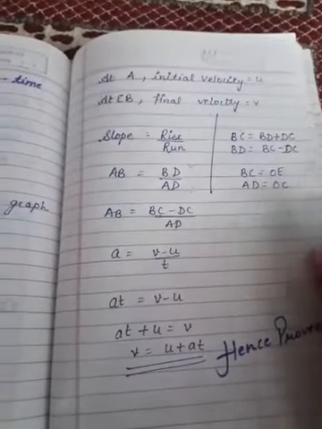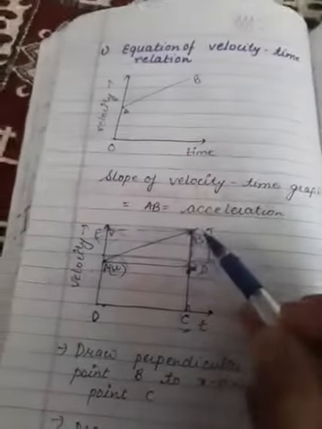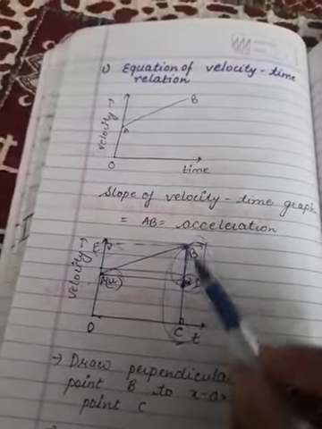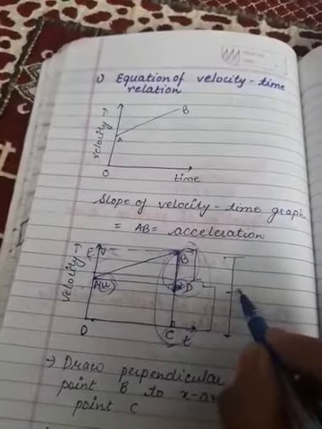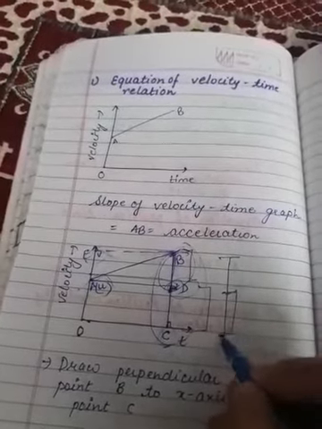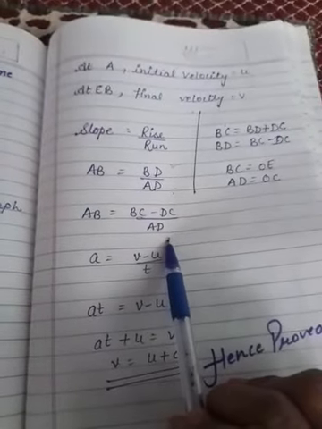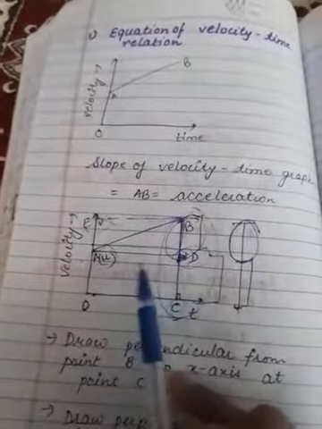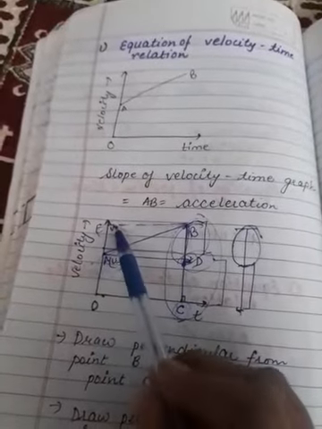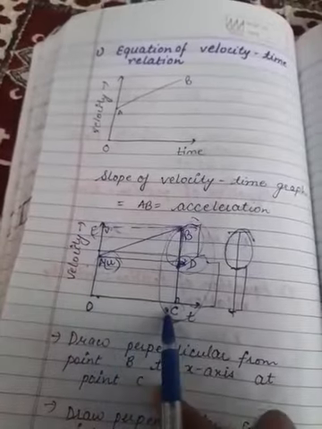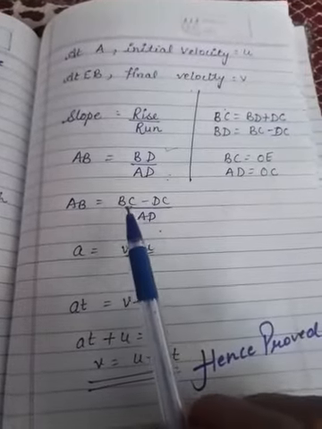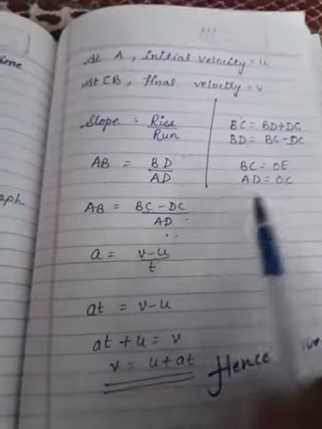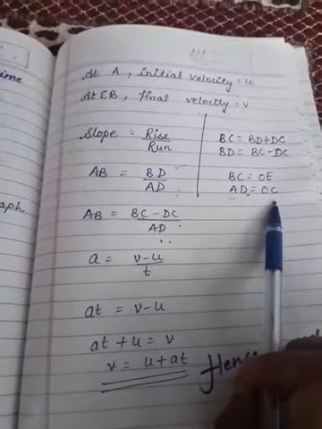And then we have to convert this BD. We can write BC minus DC. If we take this complete line and subtract this part from it, then we will get only this part. So BC minus DC upon AD. And as you know, BC is equal to OE and AD is equal to OC.